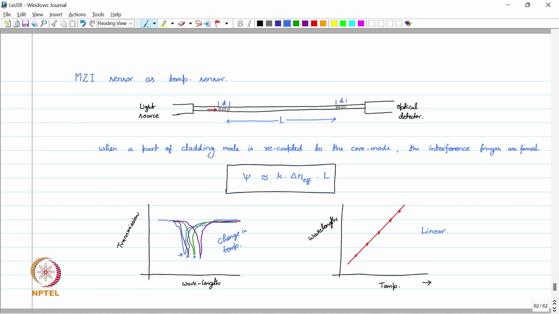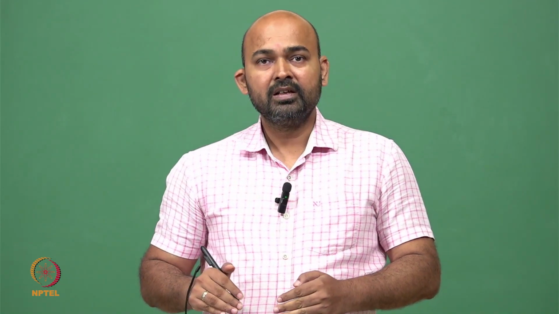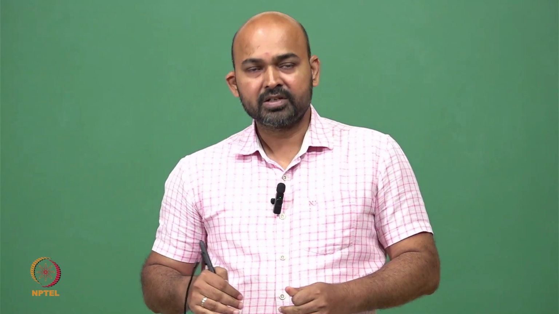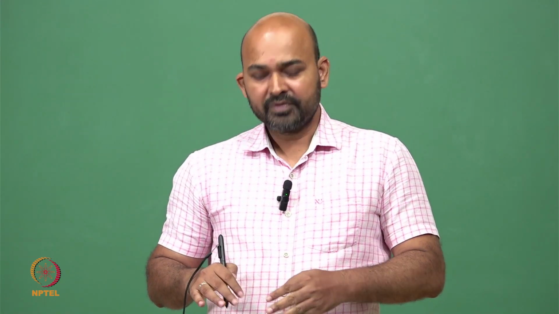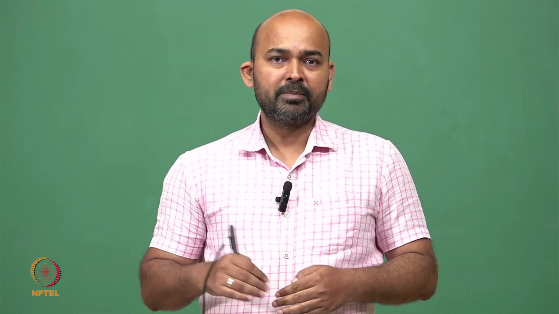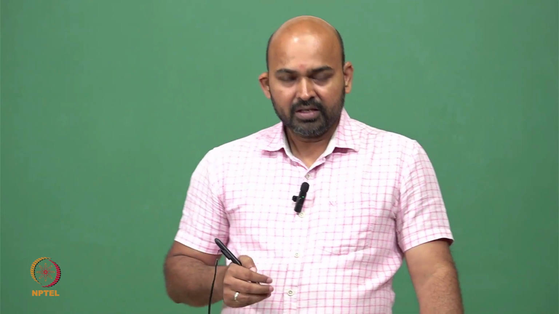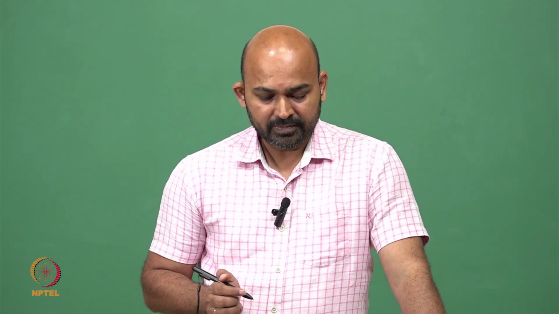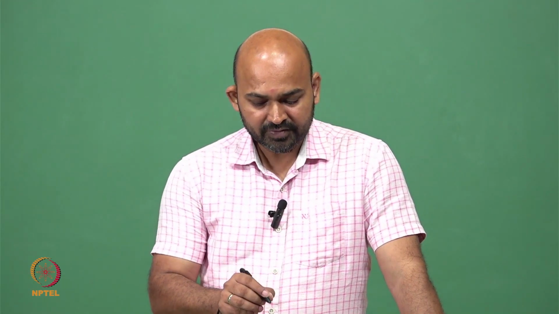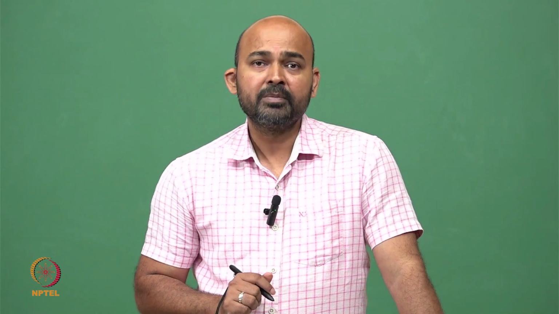So this is a typical output for the MZI sensor, where we can see the output, which is the wavelength, is very much linear to the temperature change. A linear change is always desirable in making a sensor. So this is the MZI sensor, which we have used as a temperature sensor.